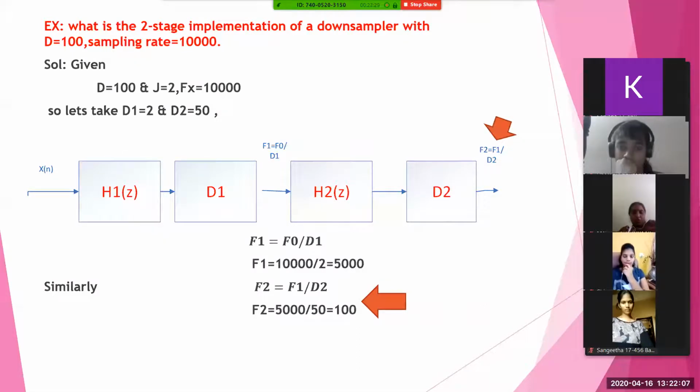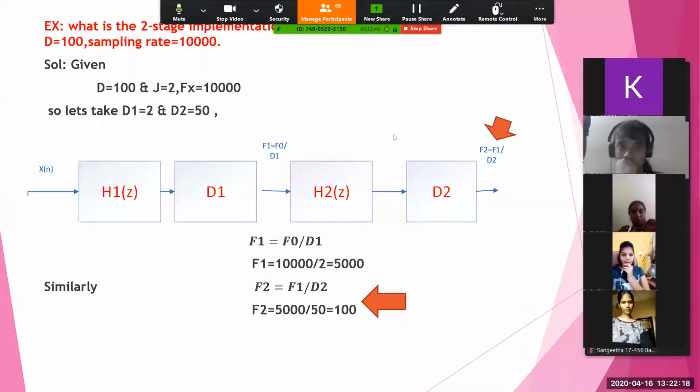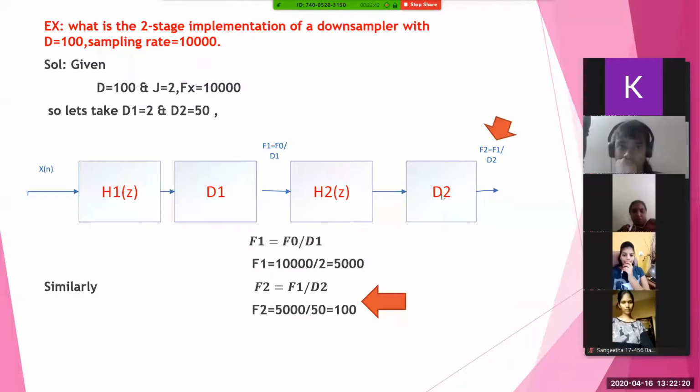The 5,000 which is being fed to the second stage is divided by 50, so it comes out as 100. Even if you divide 10,000 by 100, you will get 100. We get the same sampling rate, but we are using this multi-stage approach for the sake of efficiency, right? Is it clear now?